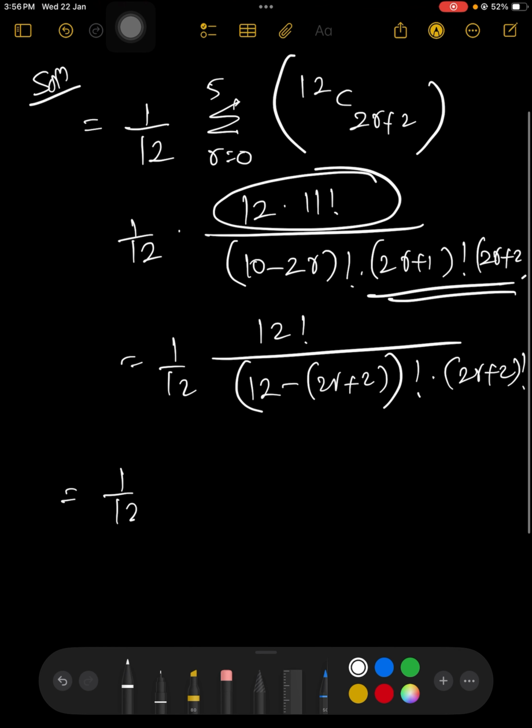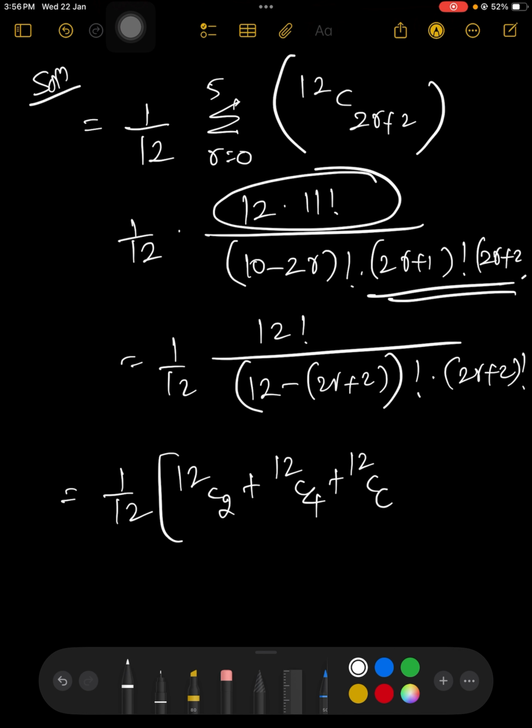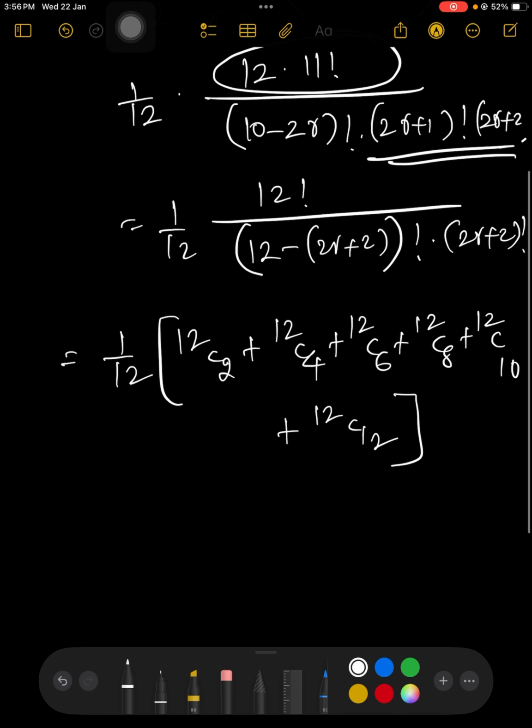Then you can expand that from r equal to 0 to 5, so that in case of r equal to 0, it will become 12c2, then 12c4, 12c6, 12c8, and if you substitute, 12c10, and finally 12c12, yeah, 6 terms totally.